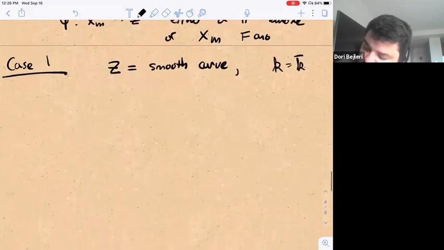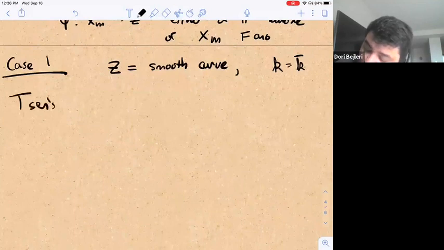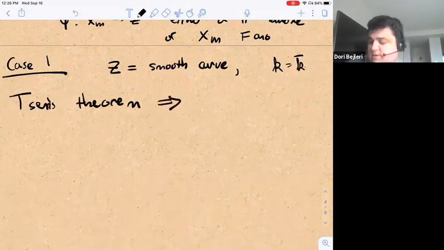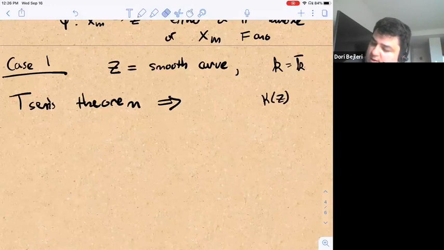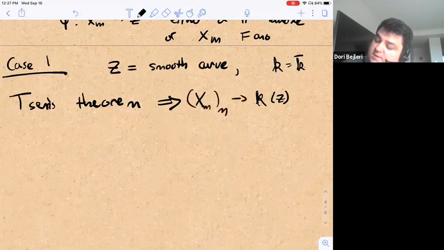And so we can use this famous result, Tsen's theorem. It implies that at least at the generic point, on the function field level, if we look at the generic fiber of our minimal surface, this is some genus 0 curve over this function field, and Tsen's theorem tells us that it actually has a rational point.